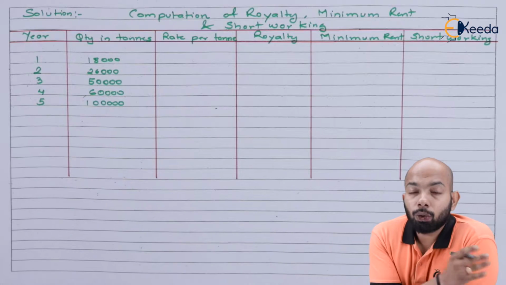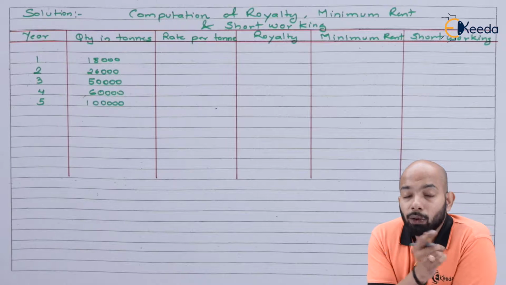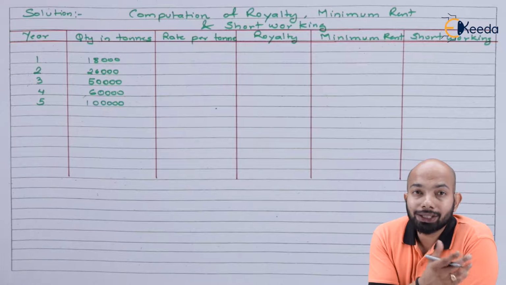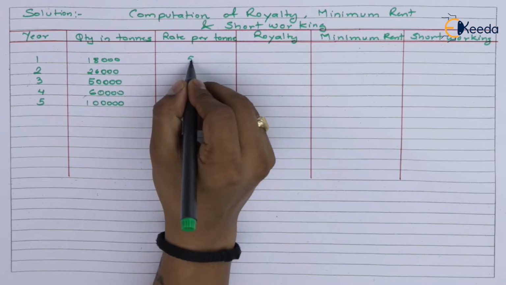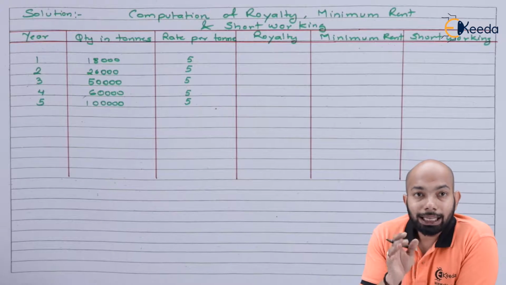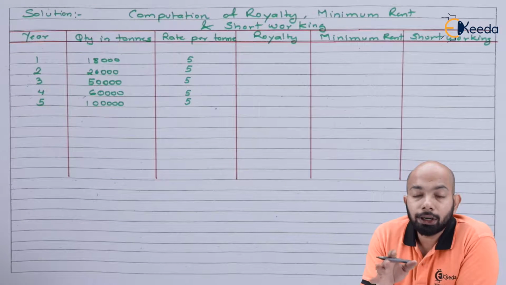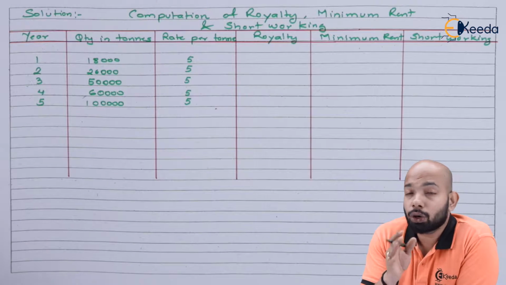So we have mentioned the quantities in tons first for the first 5 years. Now we'll be mentioning the rate per ton, which is constant, that is 5. Now, for royalty, the tons multiplied by the rate per ton will give you the royalty amount.